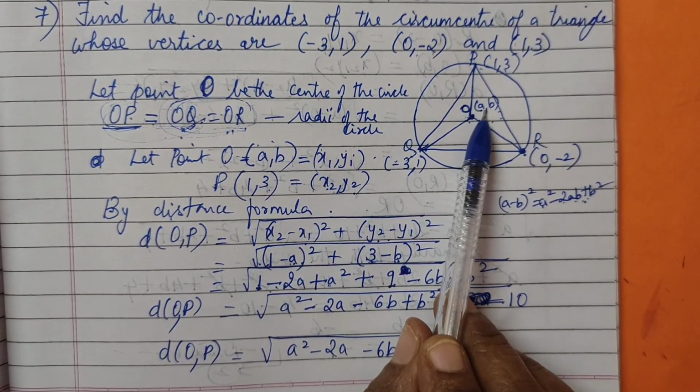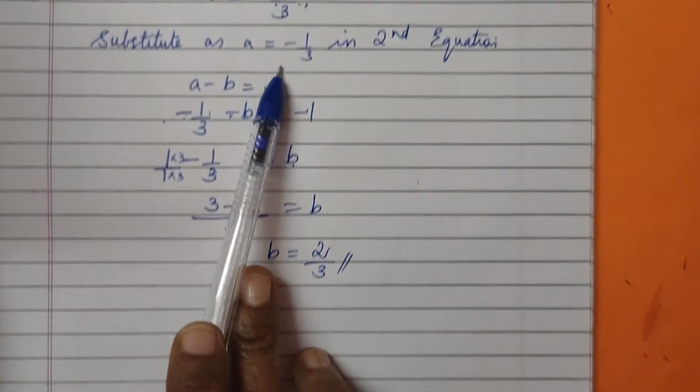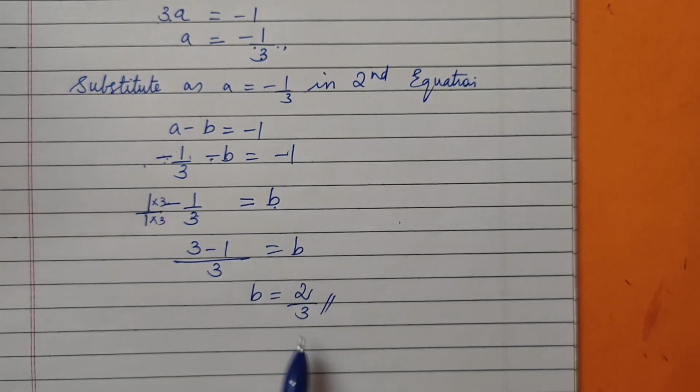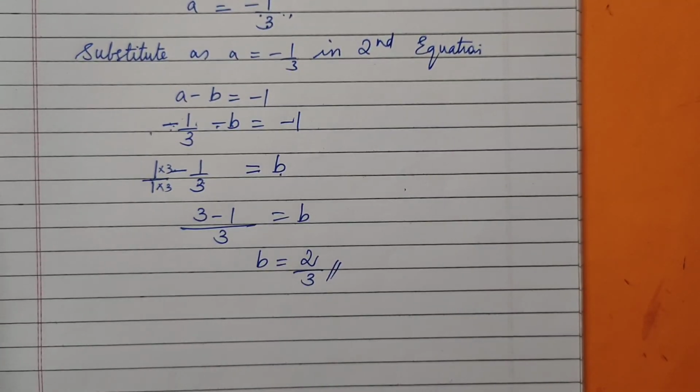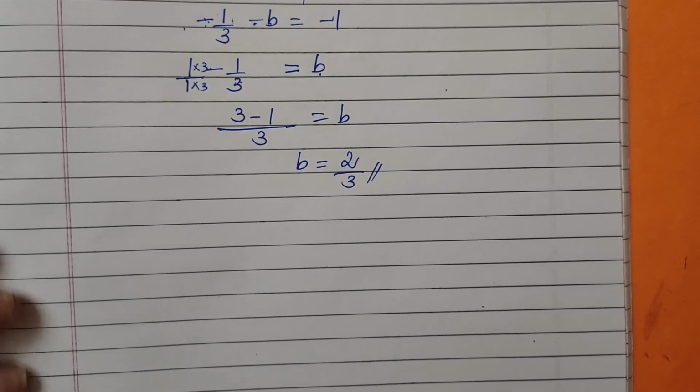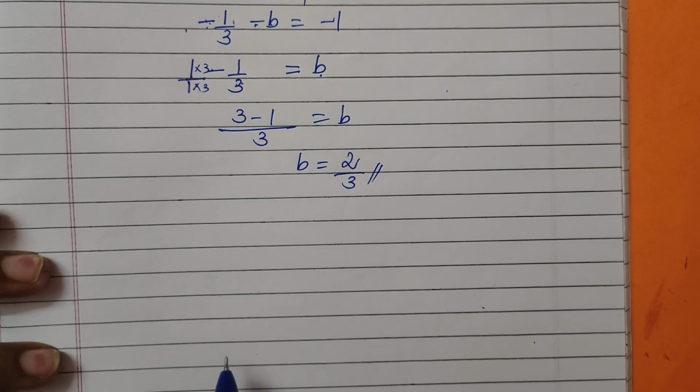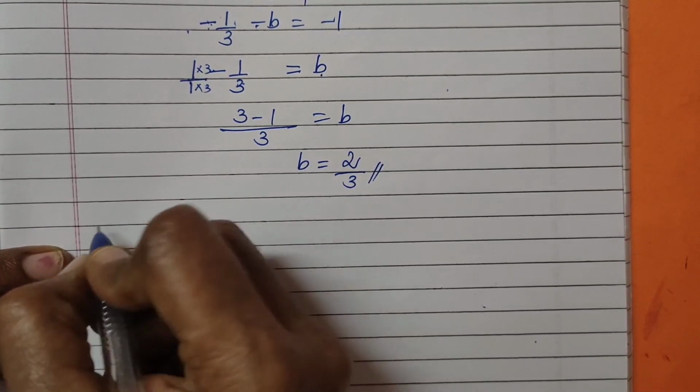So now we have found that a is minus 1 upon 3, right? And b is 2 upon 3. So we will finally present the answer. The question asked is to find the coordinates of the circumcenter of a triangle. So we will write it.